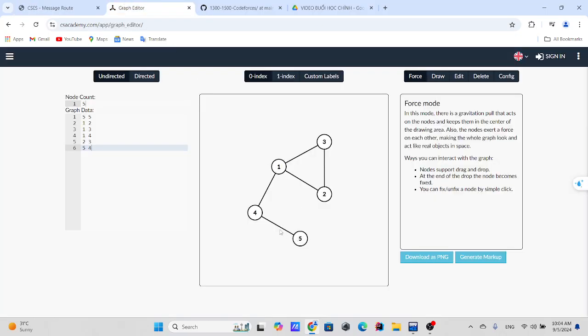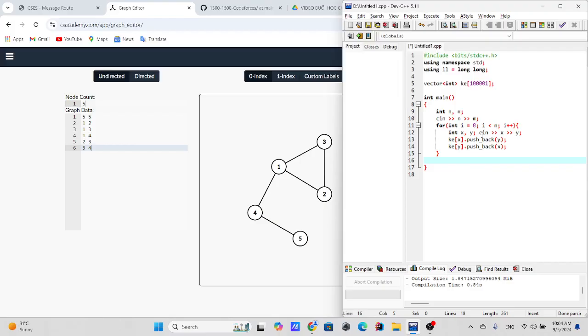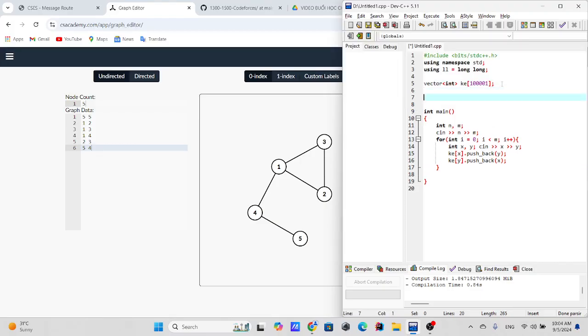Maybe DFS is okay, right? I'm not sure, but let's try DFS. Actually, let's just use a void integer DFS, right?